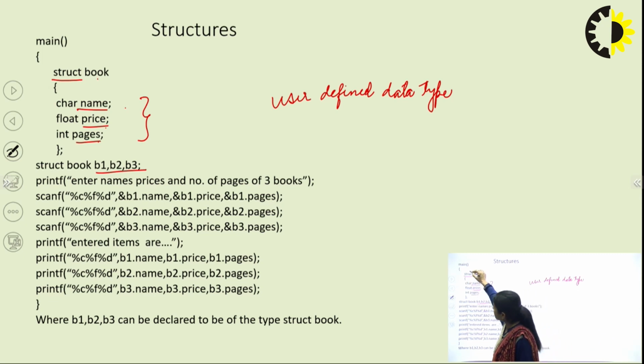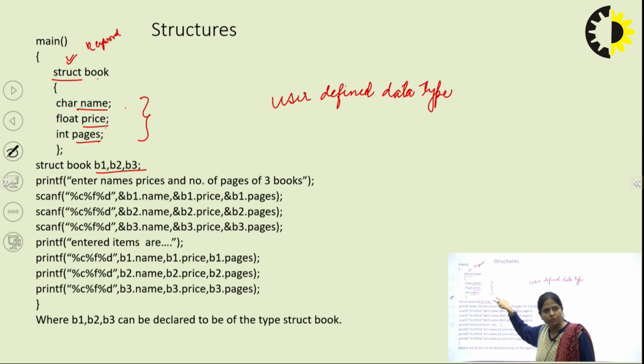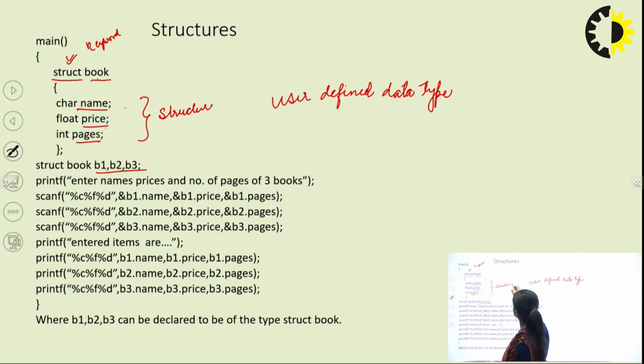Struct book: this is the keyword which tells the compiler that I'm going to create a structure. Struct book is the name of the structure which I'm going to create. Then these are the structure elements, right?